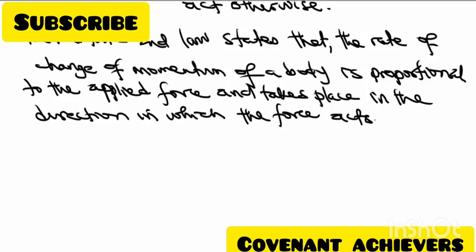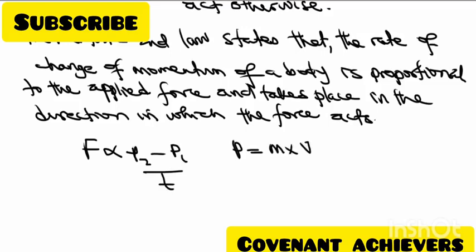And from here we could see that the force is proportional to the change in momentum, or rate of change of momentum, and that is, like we said, (P2 minus P1) over t. We have established the fact that momentum is equal to mass times velocity.